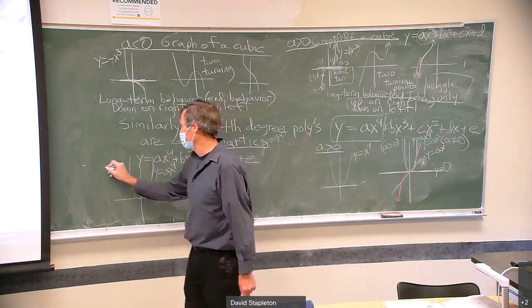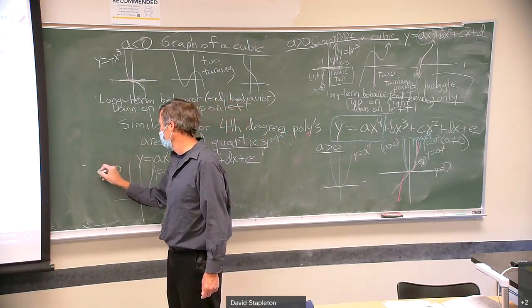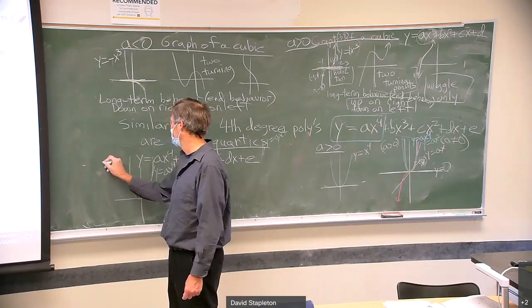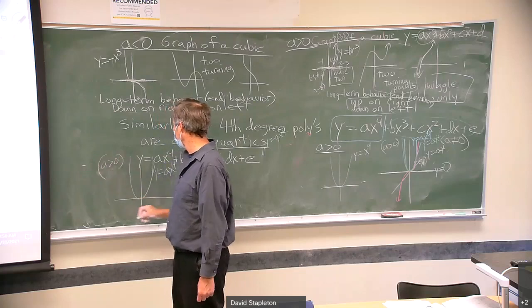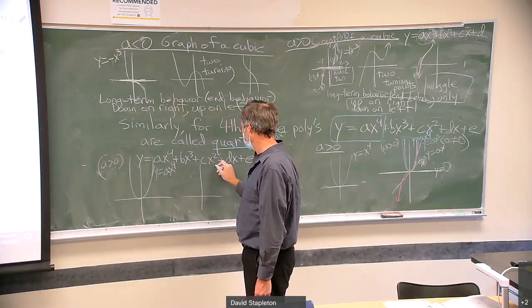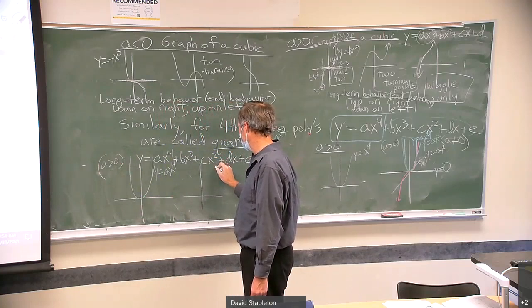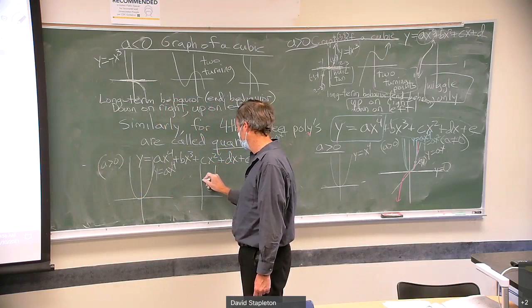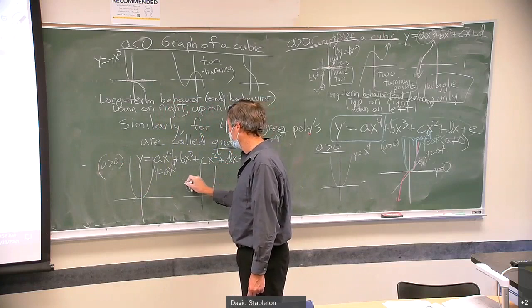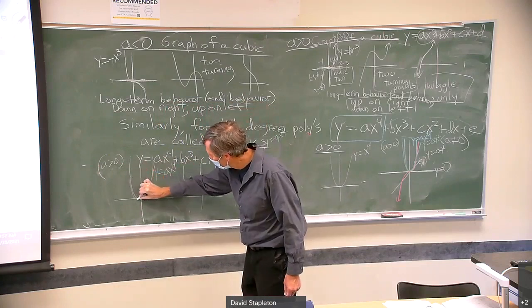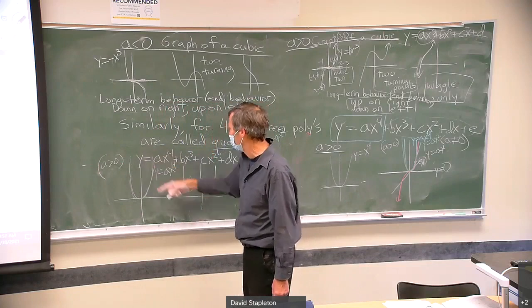And these will all be a positive over here. And then you can have this kind of a thing with one turning point, and it looks a little flatter here. It's a little flatter in here than a parabola, a little steeper out here.